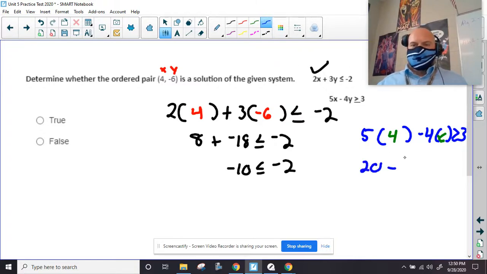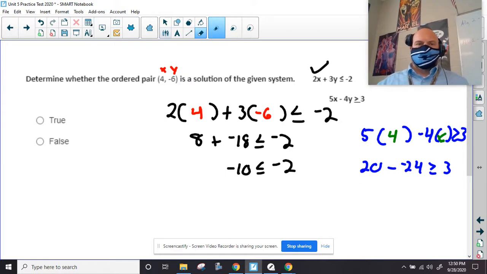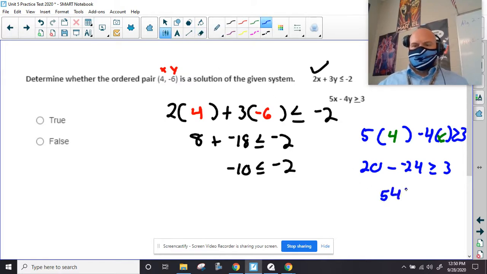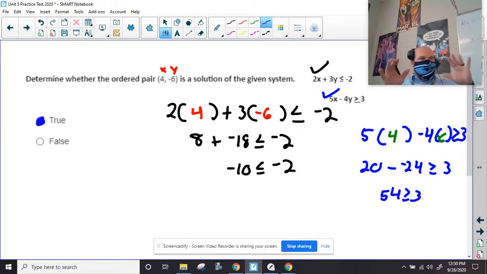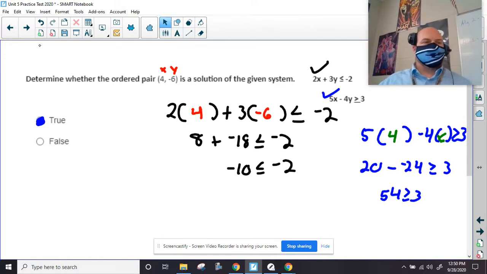So 20 minus negative 24. 44, not 54. So that one's good for it. So we have true here. Okay. Remember, when it's one of these, is this a solution for it? It's got to work for both. Okay. It's one of those, everybody's got to be happy.